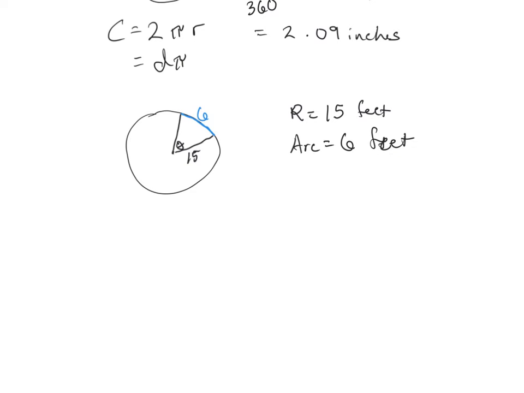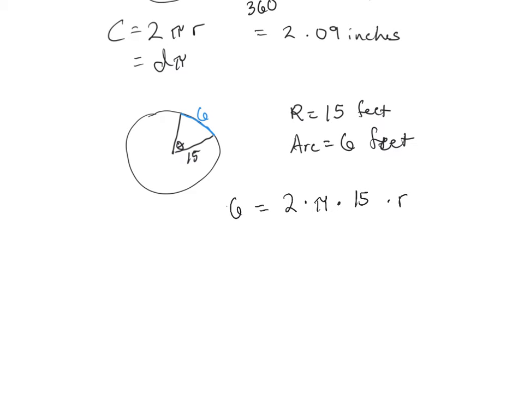So we know that the arc length, which is 6, must equal 2 pi r. So 2 times pi times r, which is 15. And now we have to put in the proportion, right? Because that arc length is the circumference times that proportion of how many radians it is.